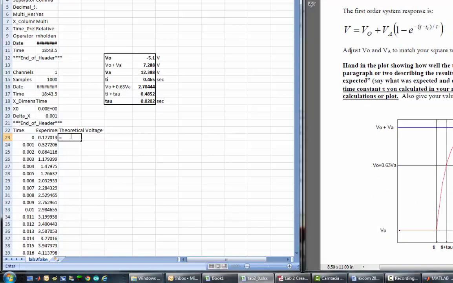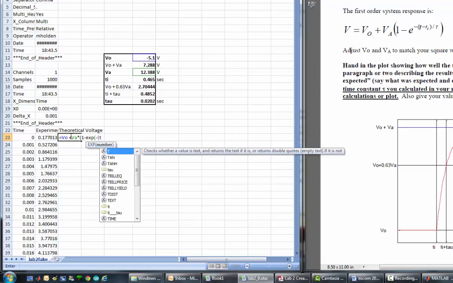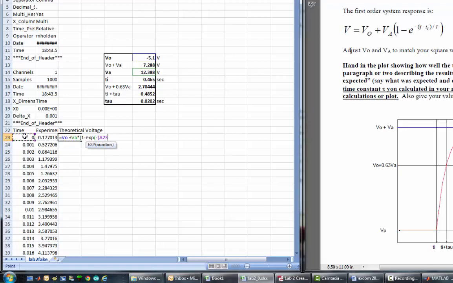V is going to be equal to VO plus VA times 1 minus e to the negative t, which is over here, minus ti, divided by tau.